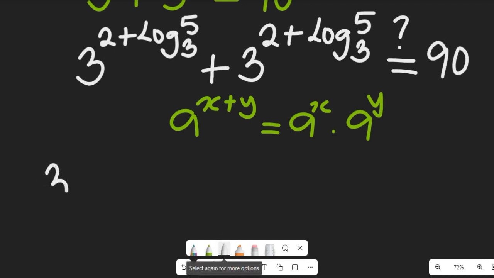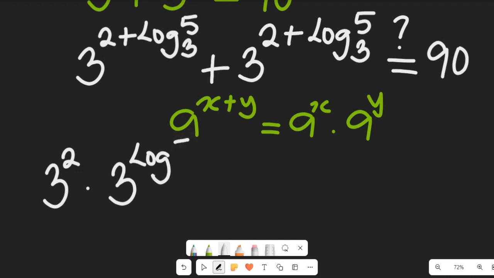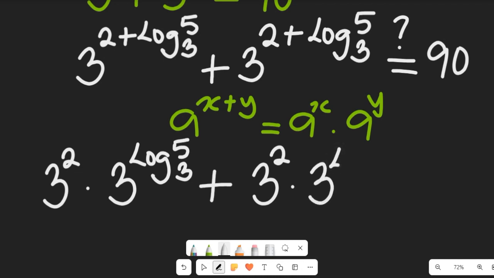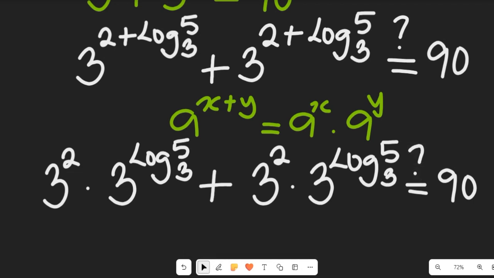And this will give us 3 to the power of 2 multiplied by 3 to the power of log of 5 base 3, plus 3 to the power of 2 multiplied by 3 to the power of log of 5 base 3. Now, will this be equal to 90? That's a big question. Now, let's continue.